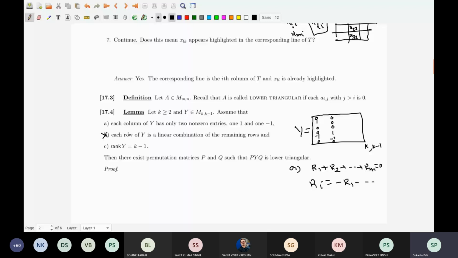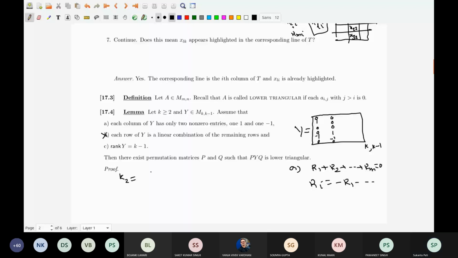Then there exist permutation matrices P and Q such that PYQ is lower triangular. That's what it says. Okay. So the proof will go by induction. For k equal to 2, that means you have two rows and you have 1 minus 1 or minus 1 1. Okay, and so this itself is lower triangular.